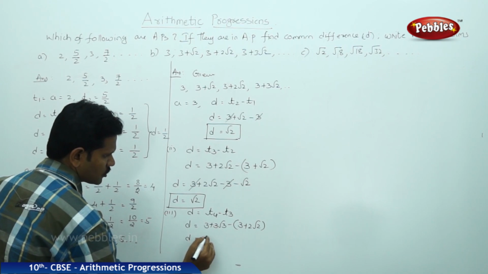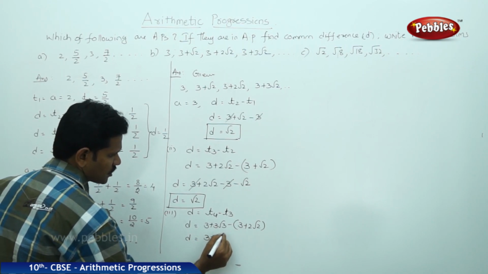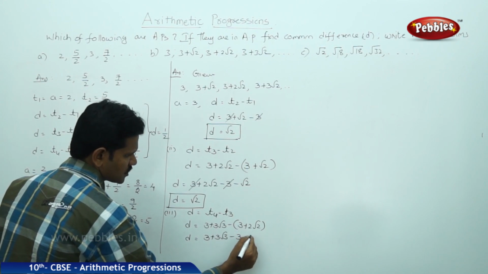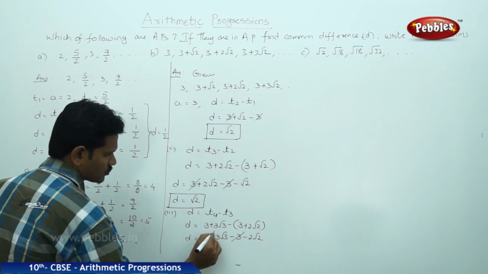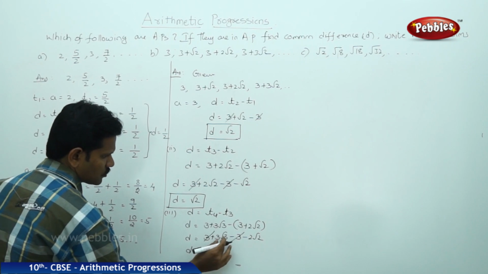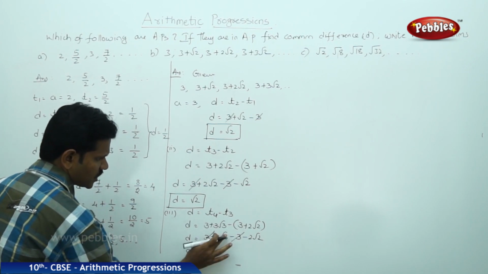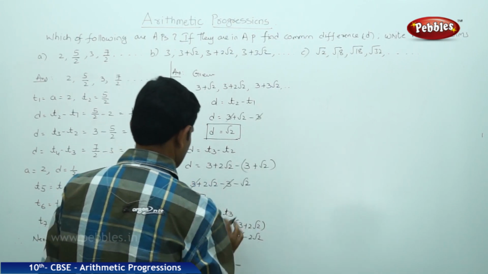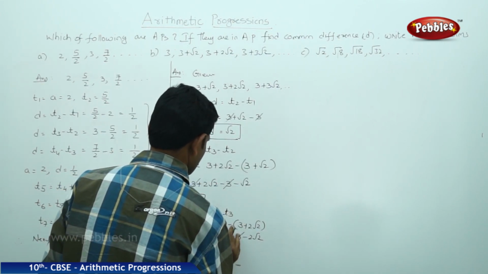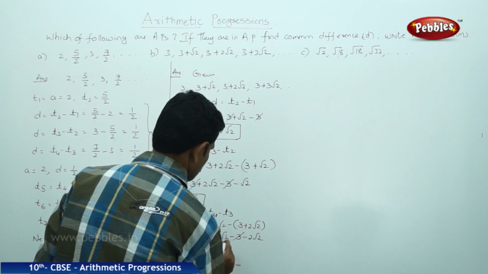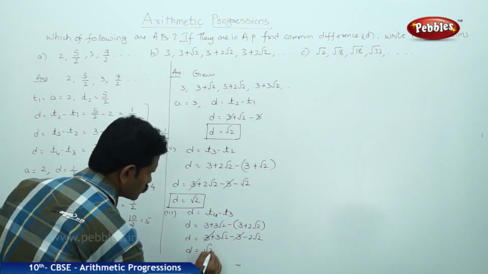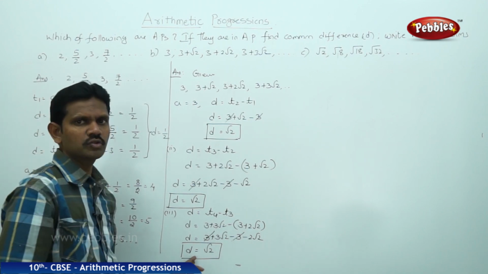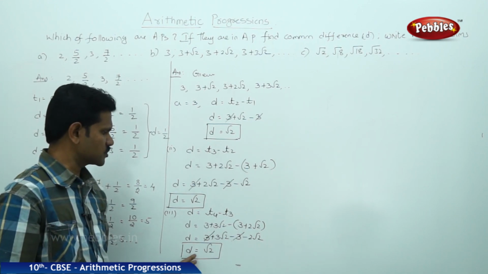That is D is equal to 3 plus 3 root 3 minus 3 minus 2 root 2. Root 3 gets cancelled. D is equal to 3 root 2 minus 2 root 2, that is root 2. Here also the third option is root 2.